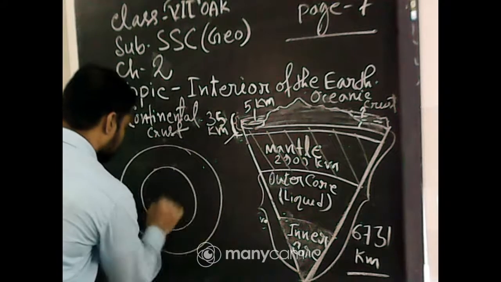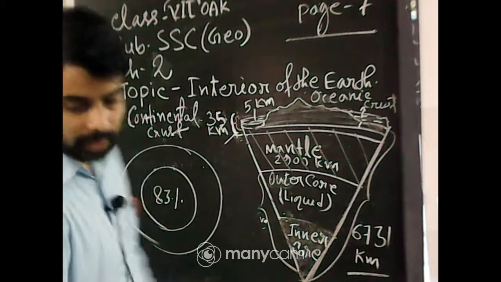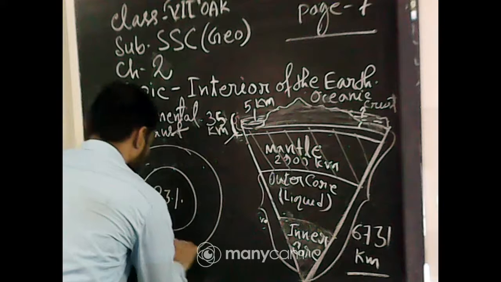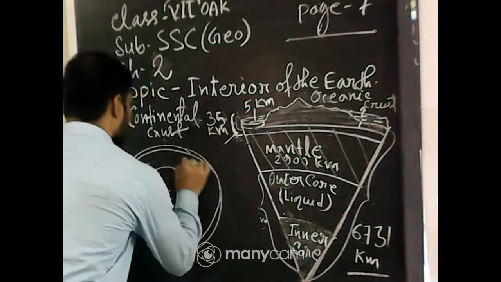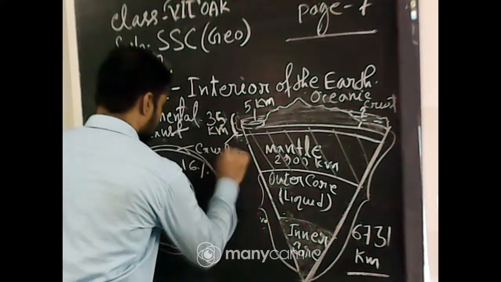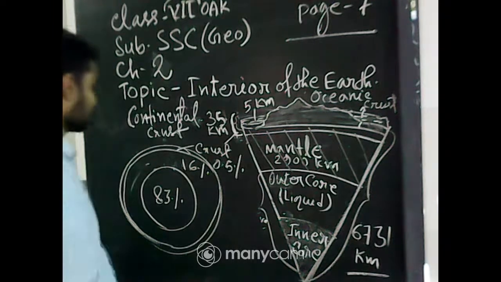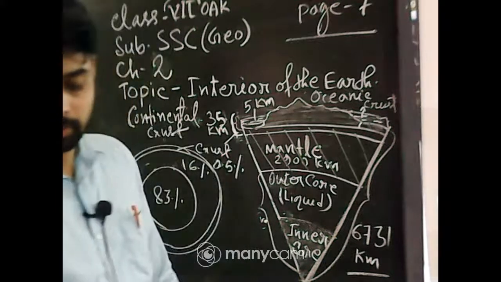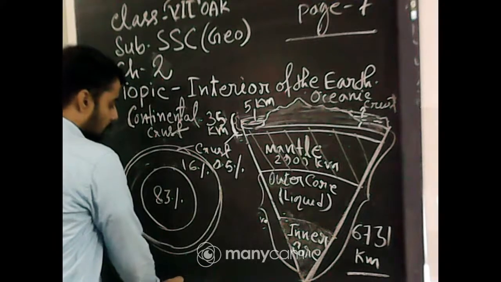This is the core, it is 83%, and 16% is the mantle, and this is the crust, 0.5%. Okay. So this is the distribution of the mass of the earth.